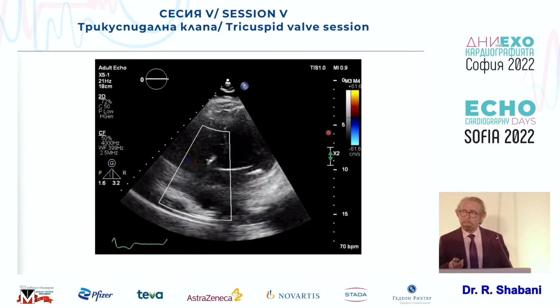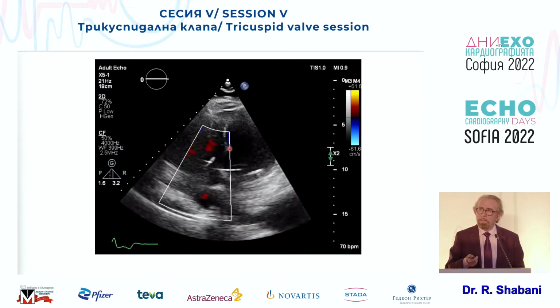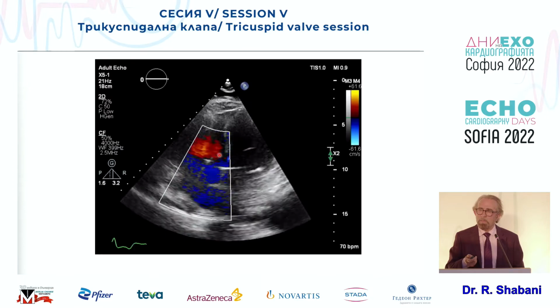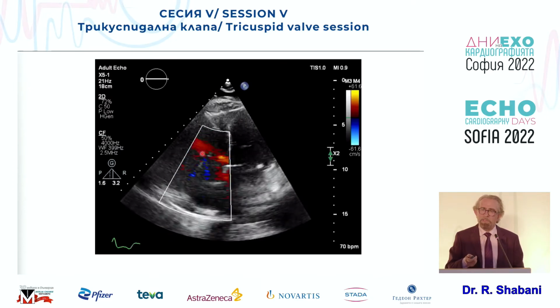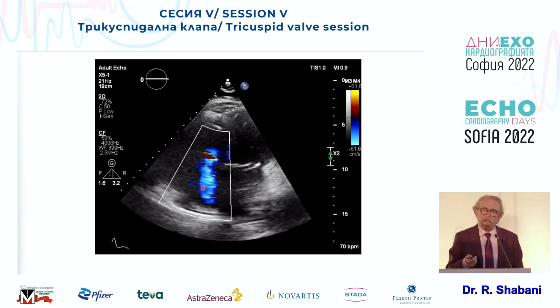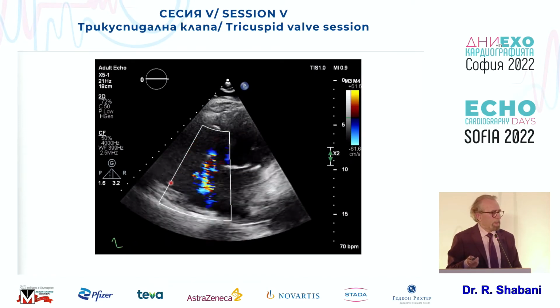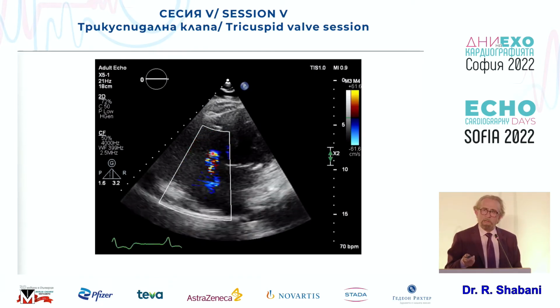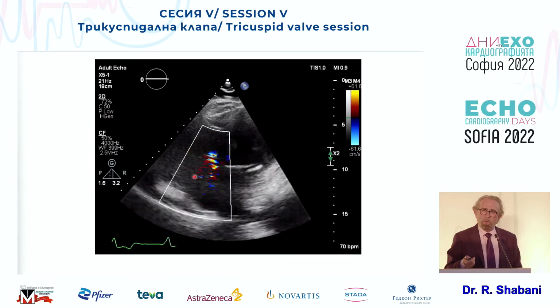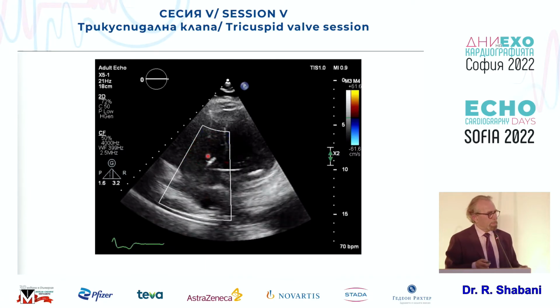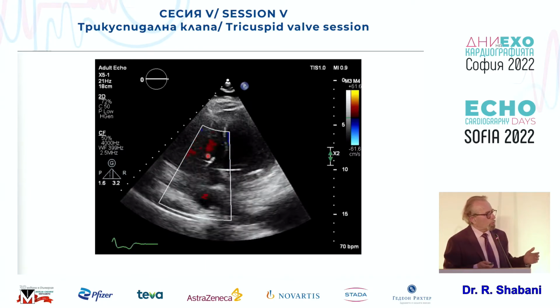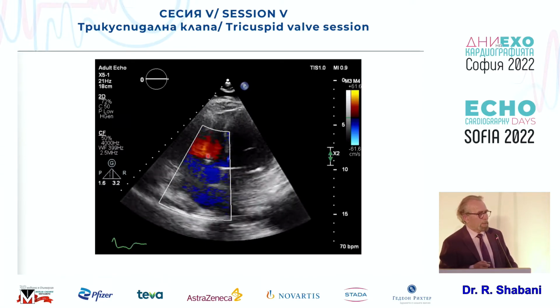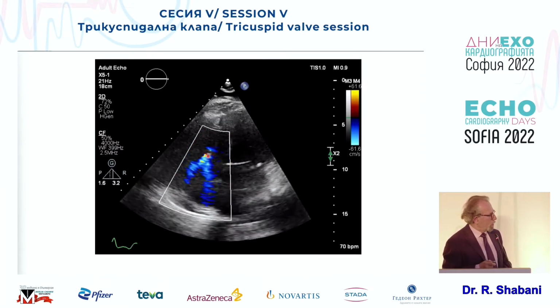Тук също е един пациент с пейсмейкър, който е увредил клапата с голяма регургитация. Вижте тази регургитация. Много трудно се прави количествен анализ тук: нито вена контракта, нито PISA, нито площта могат да бъдат измерени, така че при пейсмейкъра много трудно може да се прави количествен анализ, повече е визуален.